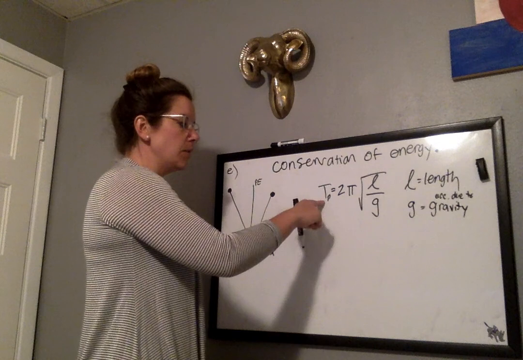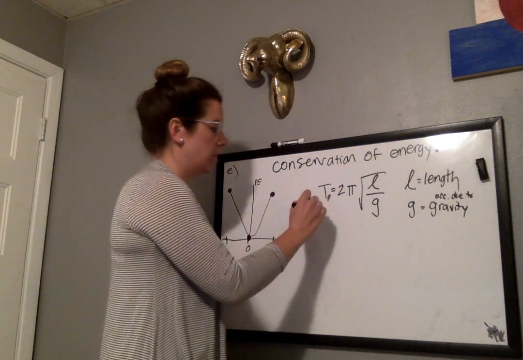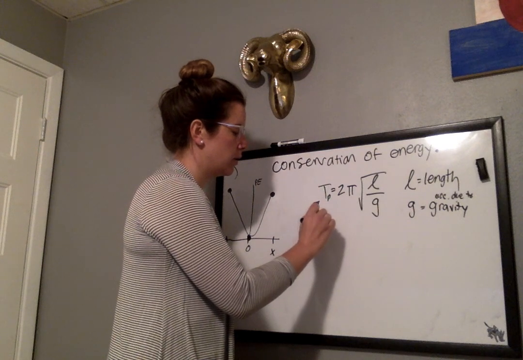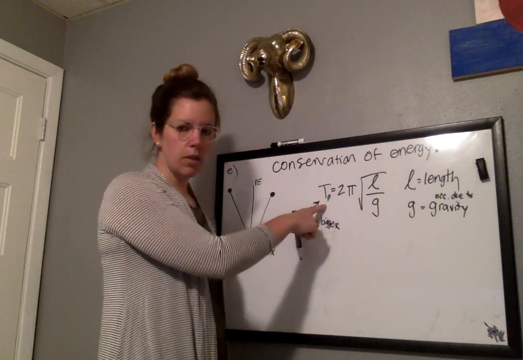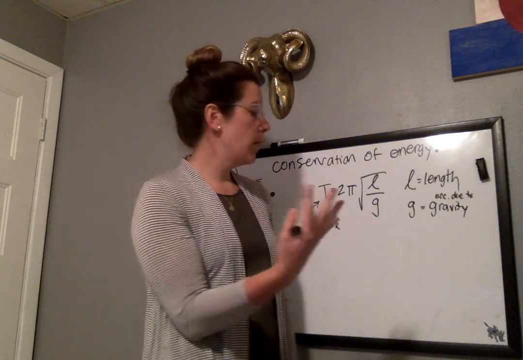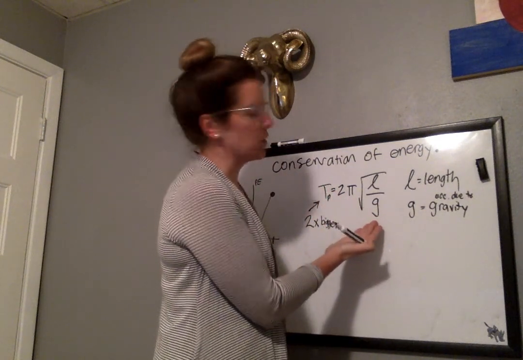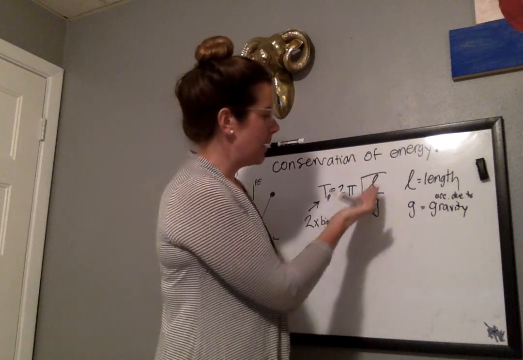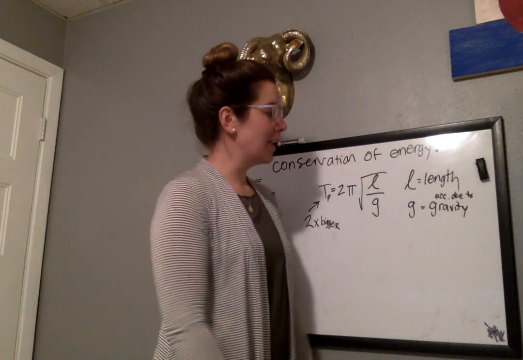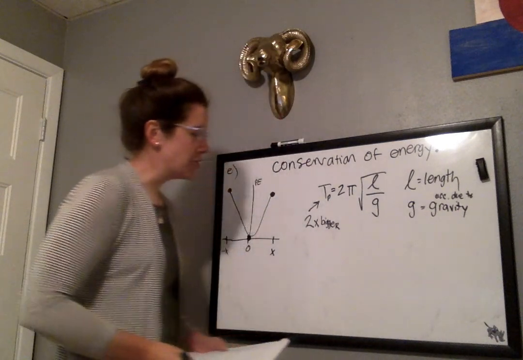So how do you get this side of the equation to be 2 times bigger? If you want this side 2 times bigger, you need to make this side of the equation 2 times bigger. Yes, you could transport it to a different planet. However, simply put, what you could do right now is change the length of the pendulum.